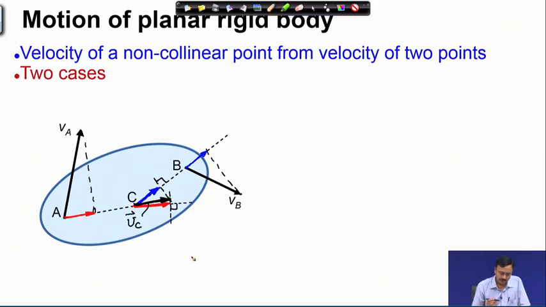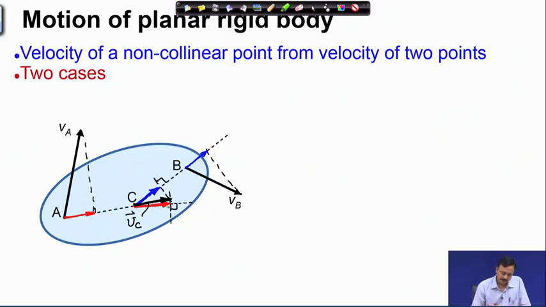So, please remember that when I am given the projections along two directions of the velocity vector of a point, then to find out the actual velocity vector, I must draw perpendiculars on the heads of these projection vectors. Wherever these perpendiculars intersect, that point joined with the point, here it is C, gives us the velocity of point C. The reason is clear.